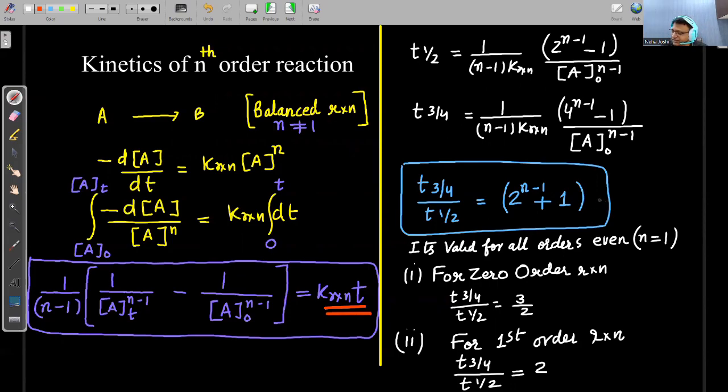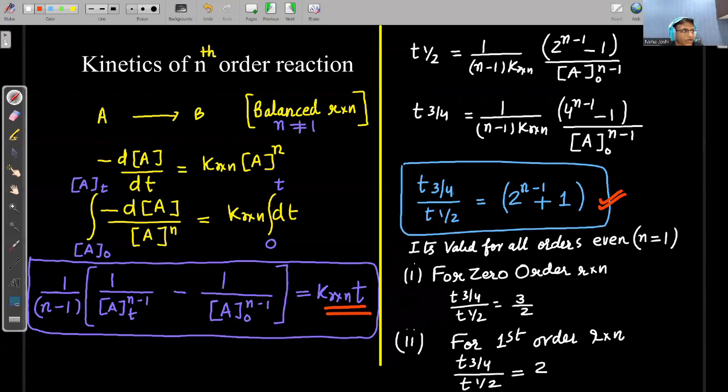So this derivation we did when n is not equal to 1, but we are lucky that this formula is valid for n is equal to 1 also. For any reaction, if we have to find the relation between 3/4 life and half life, we can use this formula. This is a very useful formula.